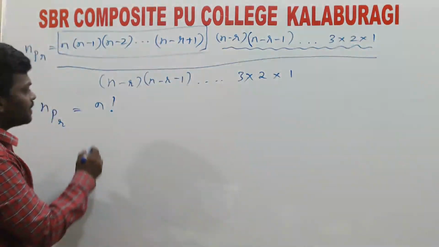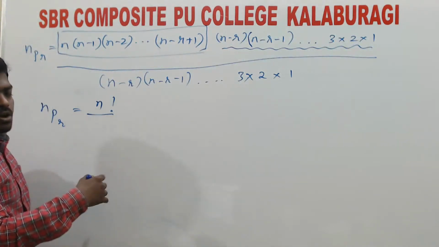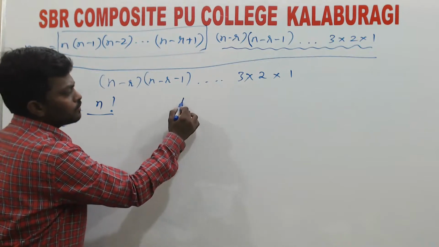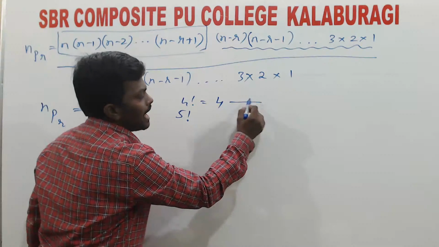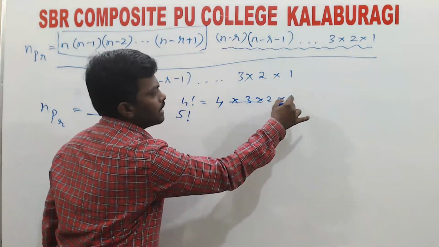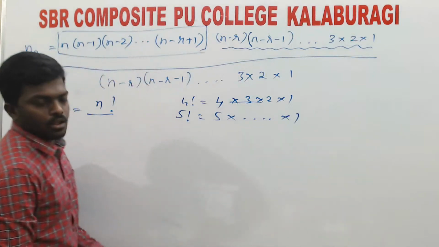That's why I gave you the idea again and recalled 5 factorial and 4 factorial. 4 factorial starts with 4 and goes on multiplying till 1. 5 factorial starts with 5 and goes on multiplying till 1.